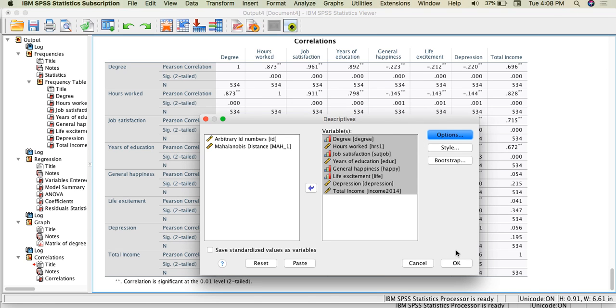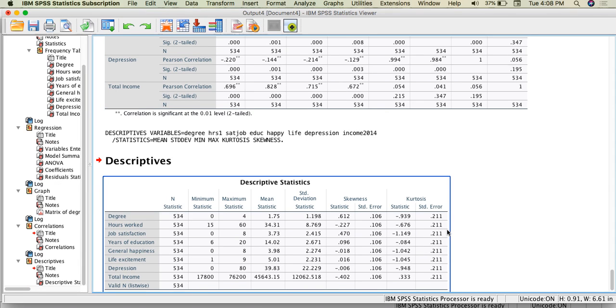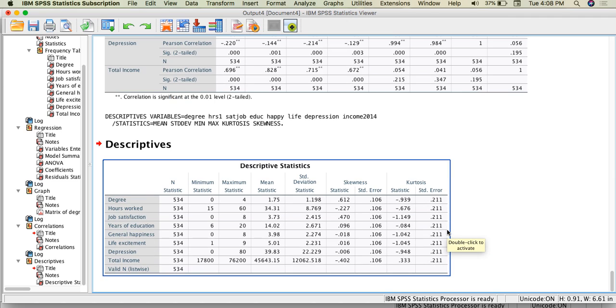For instance, if we have really high skewness on a question, then basically everyone might be giving the exact same answer to the question, and you might want to go in and look at that a little more. In this case, we don't have anything beyond -1 and 1. In fact, our skewness is all sitting right around 0, other than income and degree, which kind of makes sense, and job satisfaction, even those are still really great. So normality of our individual questions is looking really good.